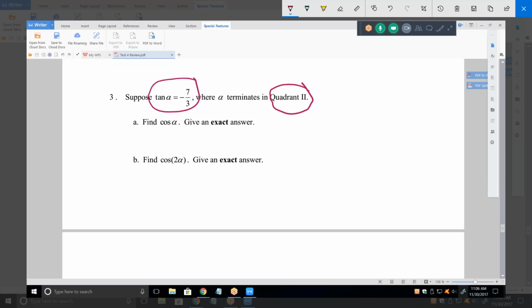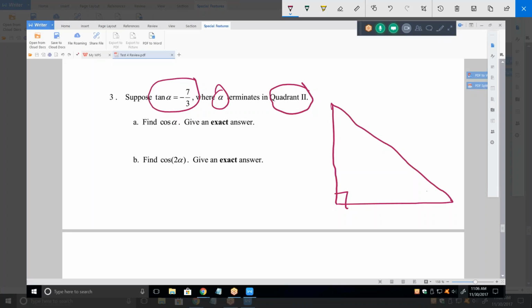Draw the triangle. And determine if it's positive or negative? Oh, labeling the triangle is not enough. Drawing a right triangle, first of all, has to be a right triangle. If I don't do anything more, I can't go any further. You have to label it, label A or alpha.